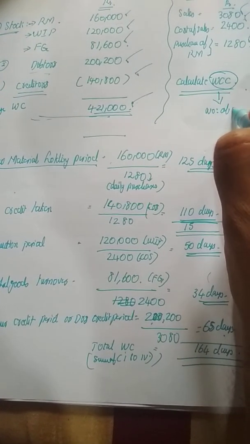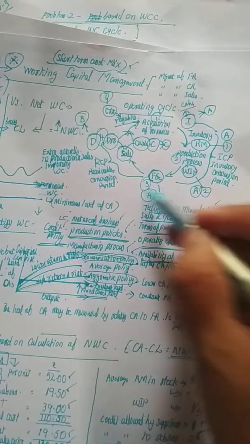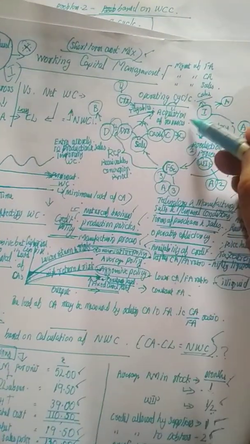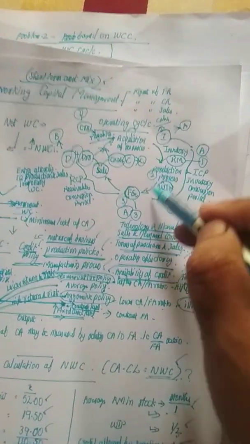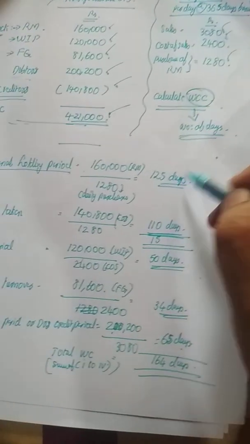Very important, it's not an amount. It is a cycle. Why? Because in the theory I had already mentioned, there will be time taken for converting inventory into finished goods into sale. All of this takes time. That is what we are calculating under the working capital cycle. So the results will be in days.